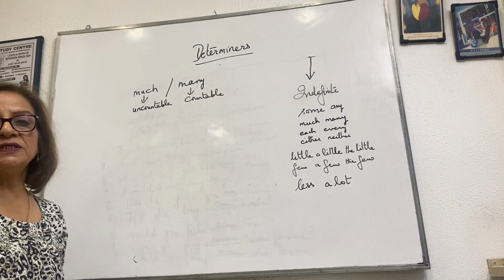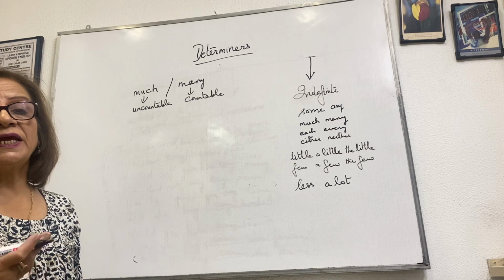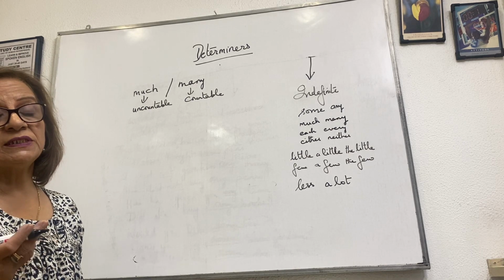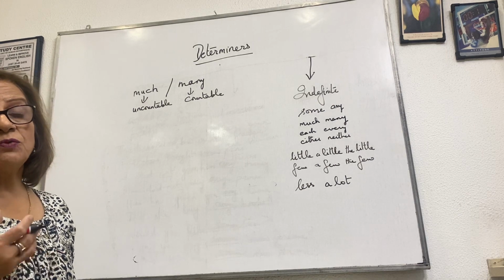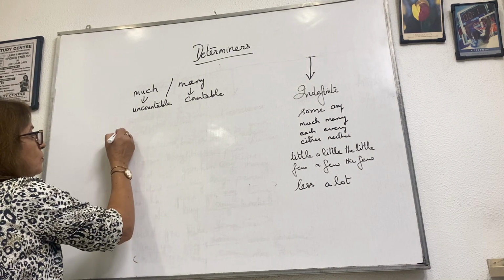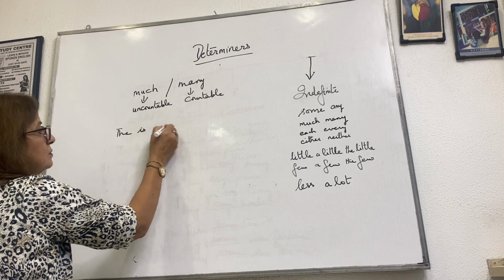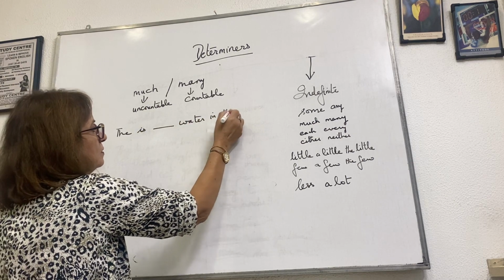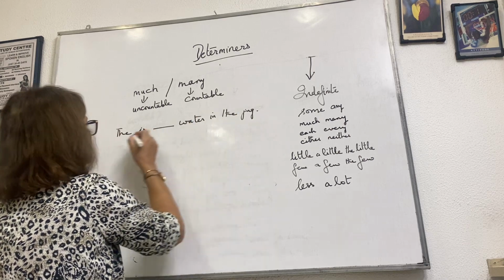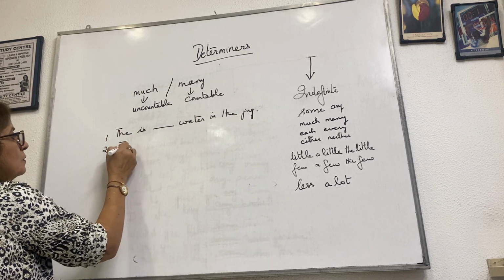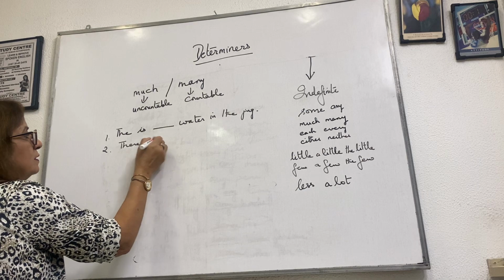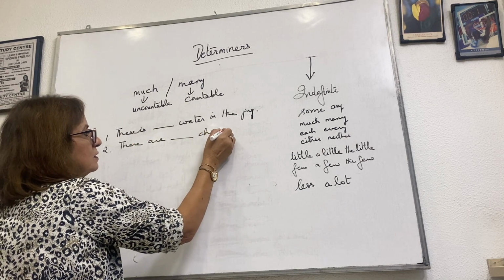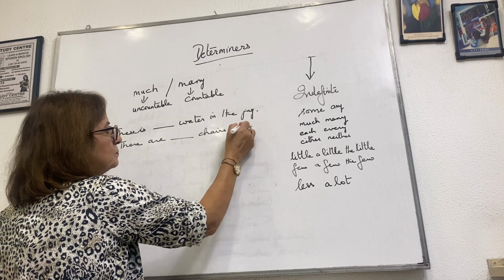Remember, determiners, like I told you, they are like adjectives, they qualify a noun. So, countables are what? Countable nouns. For example, there is water in the jug. Second sentence, there are chairs in the class.